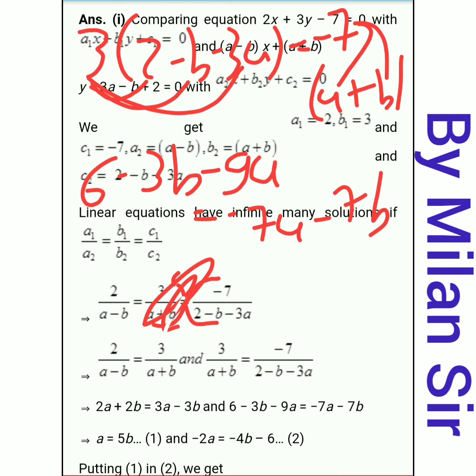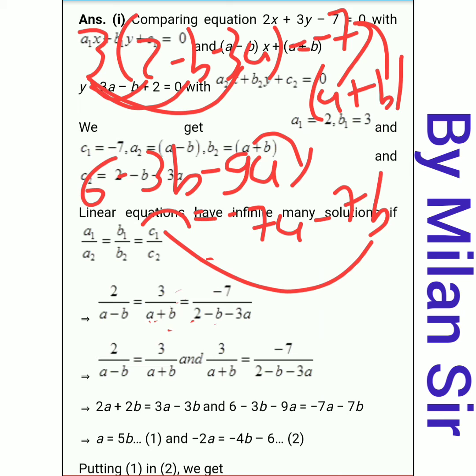Okay, so here we need to put the value of a, but before that just simplify this equation. Okay, so just transfer 9a to the right hand side and 7b to the left hand side. So here 6 is already there. If we transfer minus 7b to the left hand side, it becomes plus 7b.